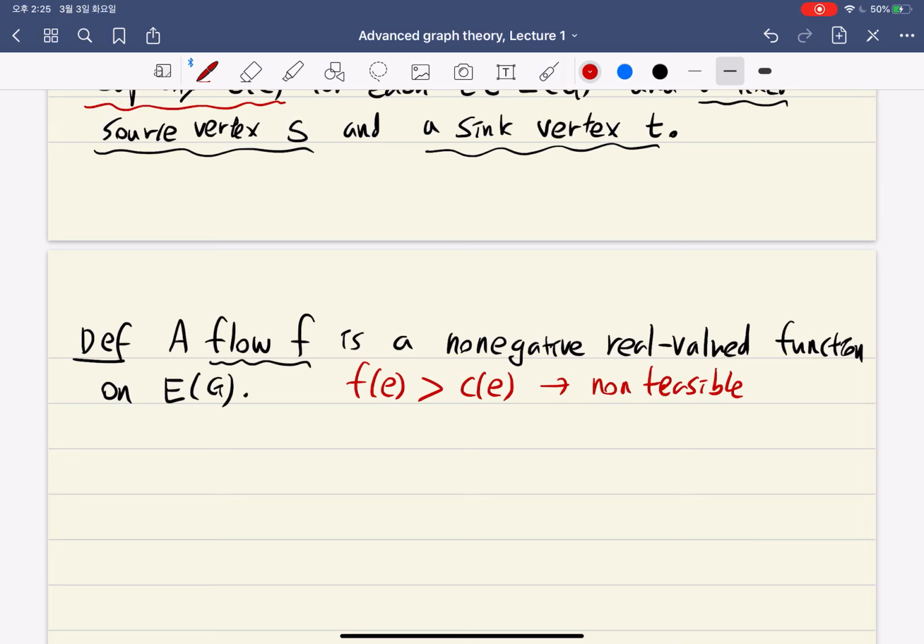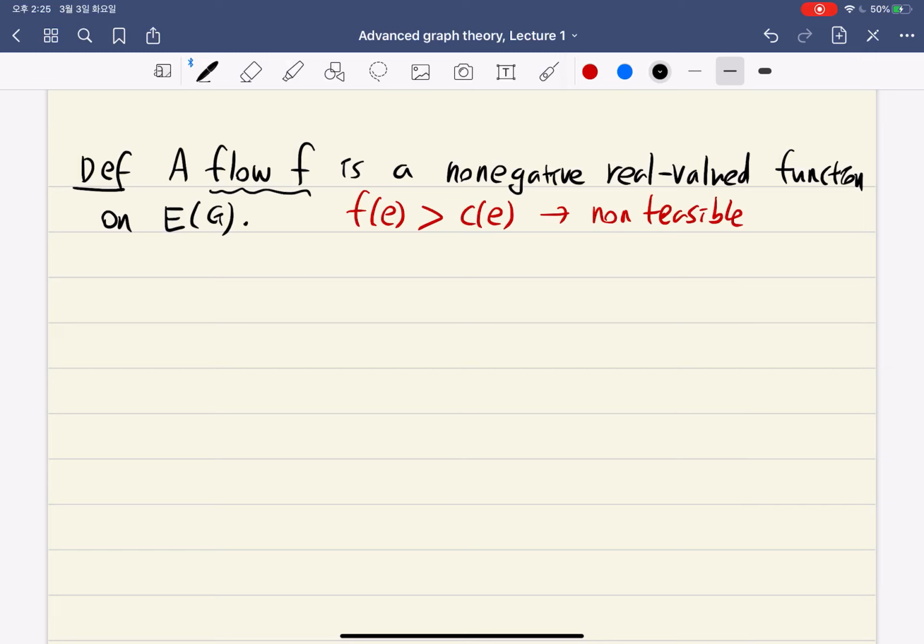So we will define the feasible flow in a minute, but a flow itself can be any non-negative real-valued function on the edges of the network. And then we have to describe the good flow. What would be the good flow? A good flow should satisfy some conditions.